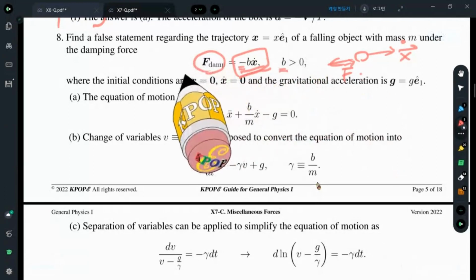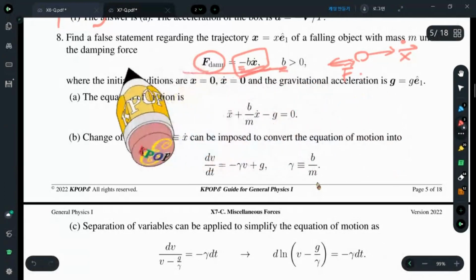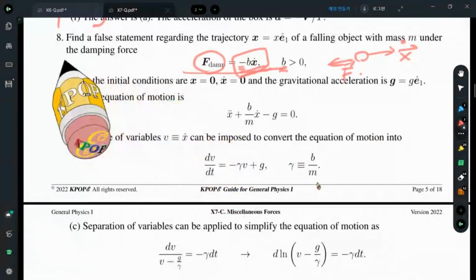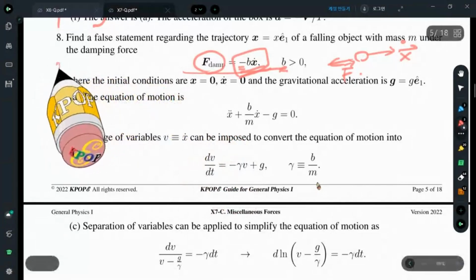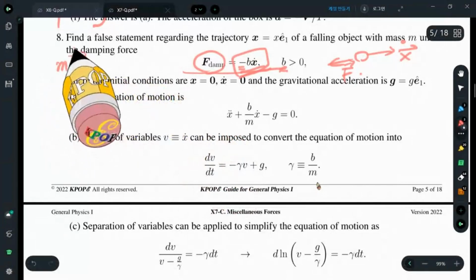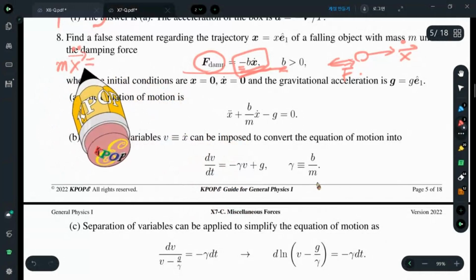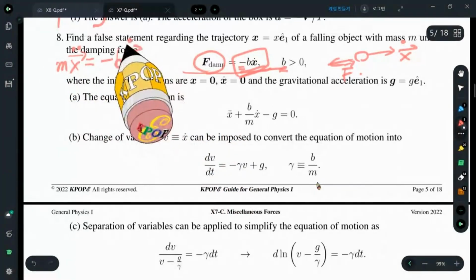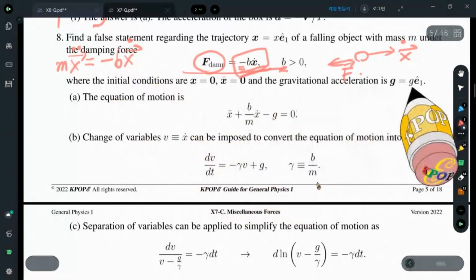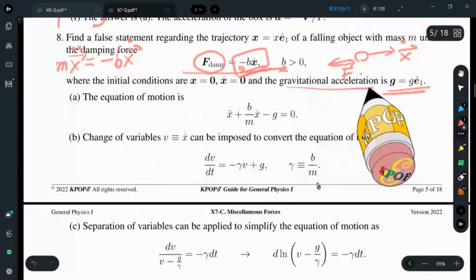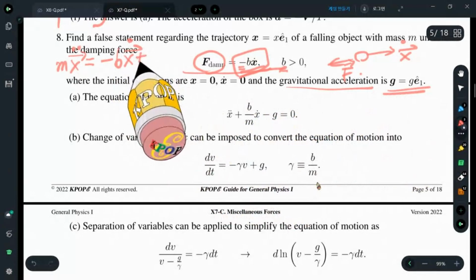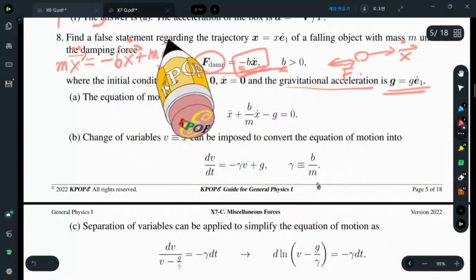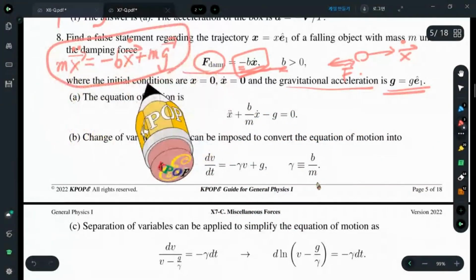So if we write down the equation of motion, what we find is F equals ma, m acceleration equals minus b x dot, but we also consider the gravitational acceleration applied to that object. So this is the equation of motion.